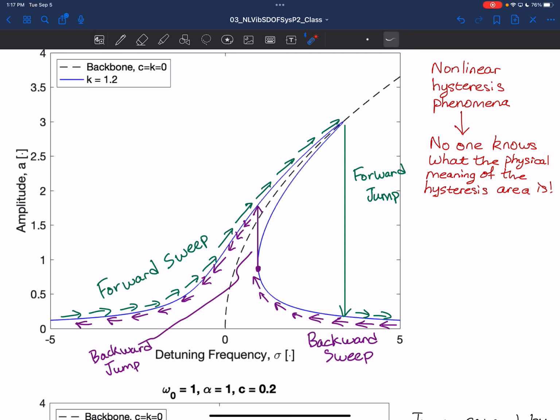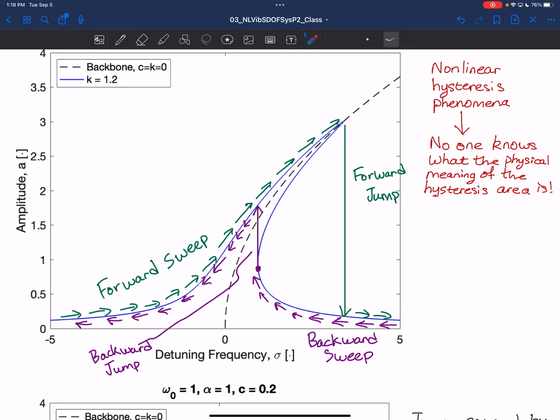Can you just start at that frequency with no initial conditions? That doesn't mean you're going to start on this curve. You will either start on this curve or this curve, actually. Maybe it is not feasible.